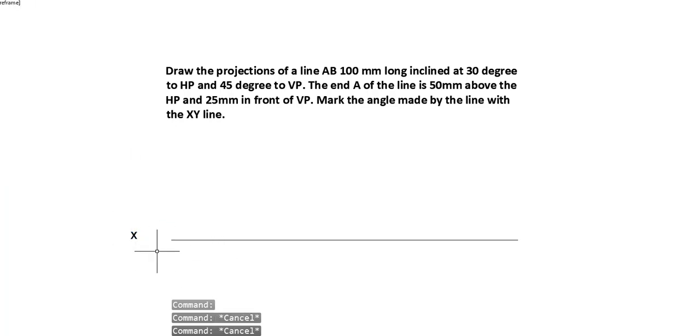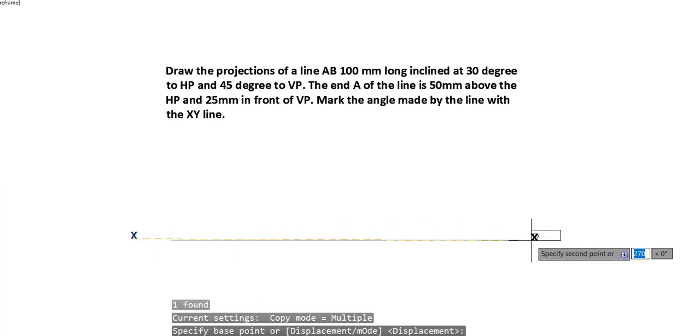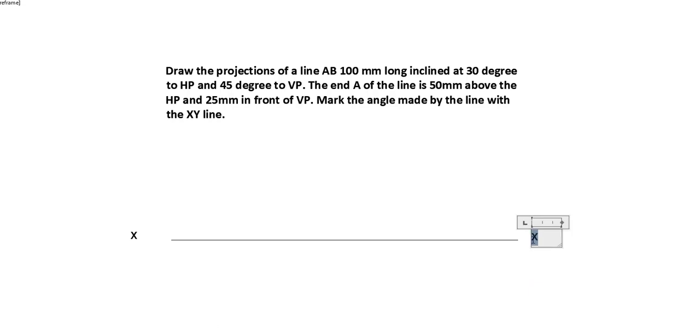So what else is written in this particular question? What information do we have? There is a line. The true length is 100 millimeter, and it is inclined at 30 degrees to HP and 45 degrees to VP. And they have also given the exact location of the point A, which is 50 millimeter above HP and 25 millimeter in front of VP.